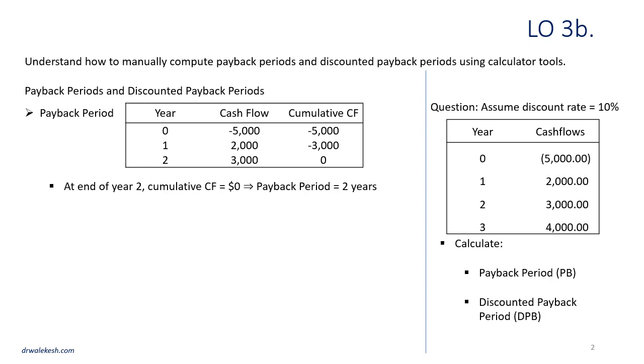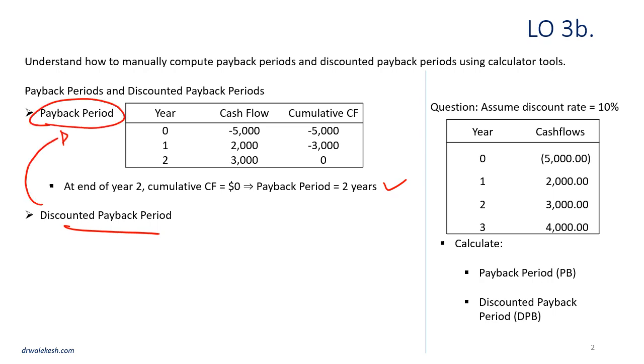Moving on to discounted payback period. Discounted payback period is different from payback period because it takes into cognizance the time value of money. 2,000 in year 1 is not the same thing as 2,000 in year 0.